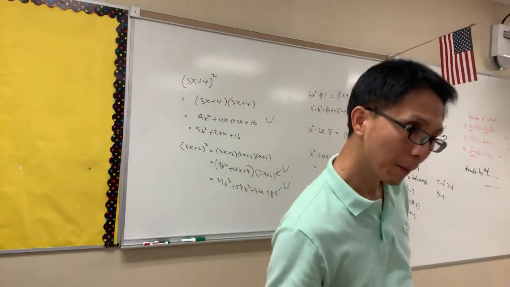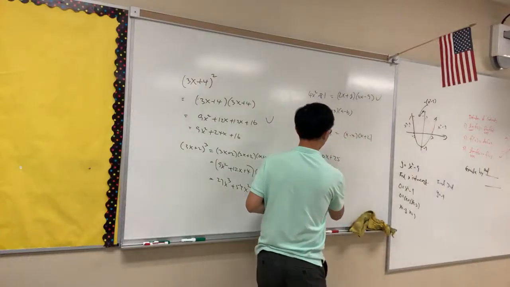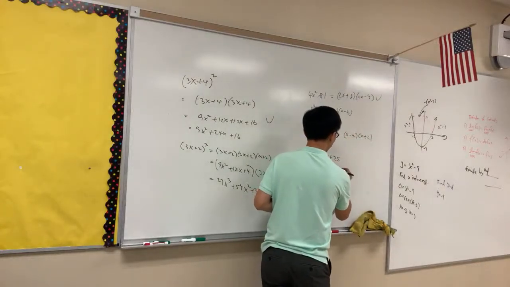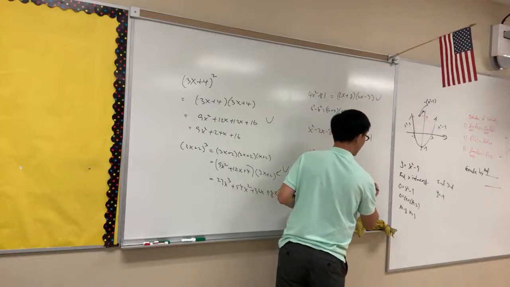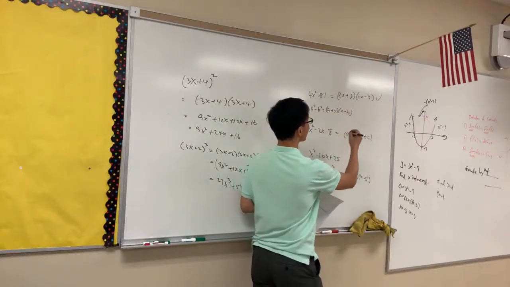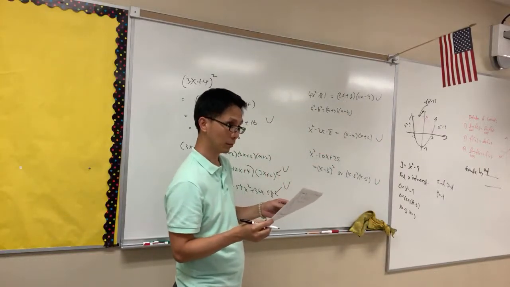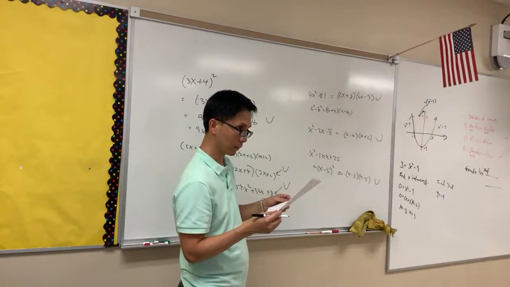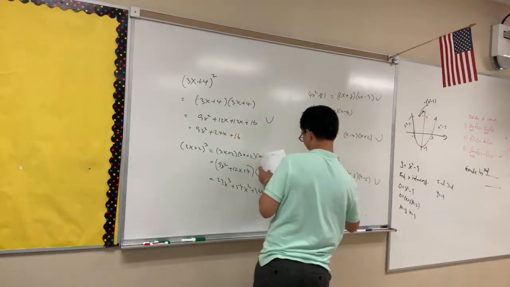Then that's wrong. Okay, so this one's x minus 5 squared or x minus 5 times x minus 5, not x plus 5. So you have to get x minus 5 and x minus 5. That's a minus, right? Yeah, minus and both minus.